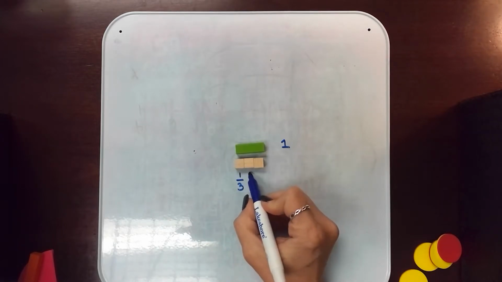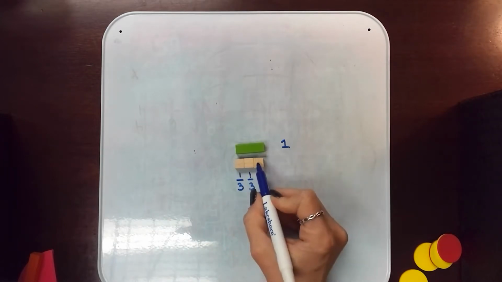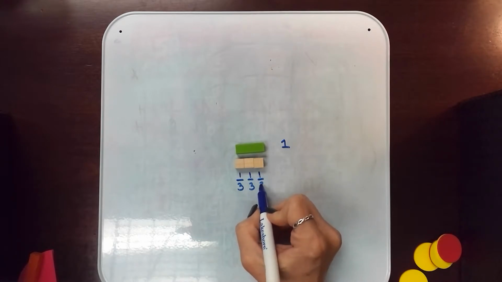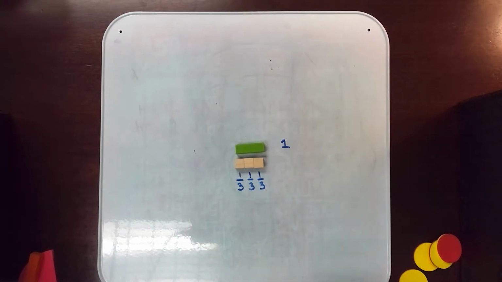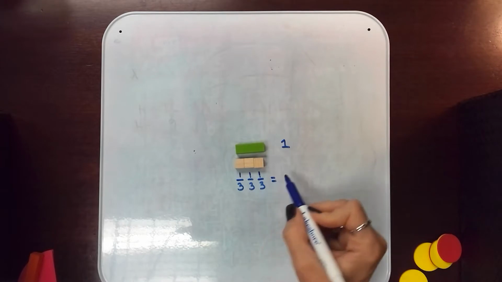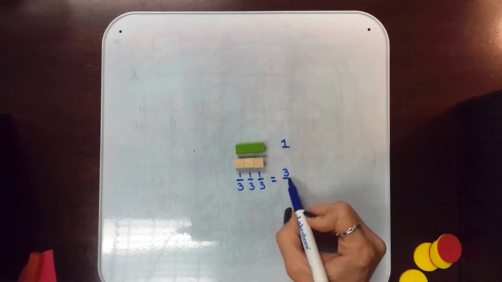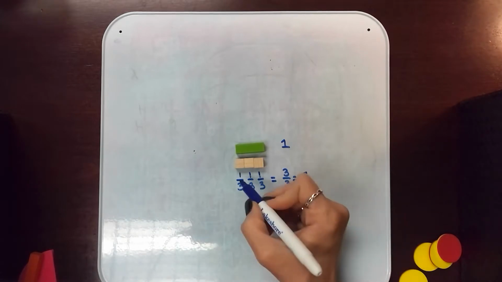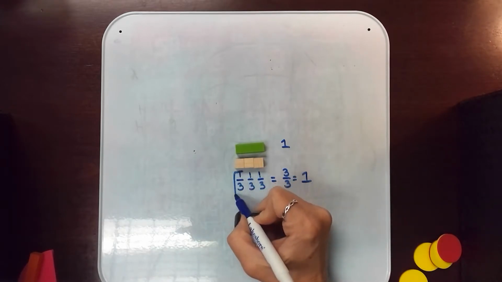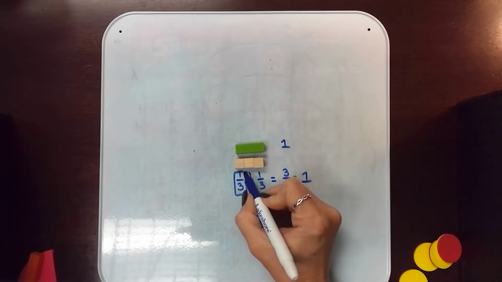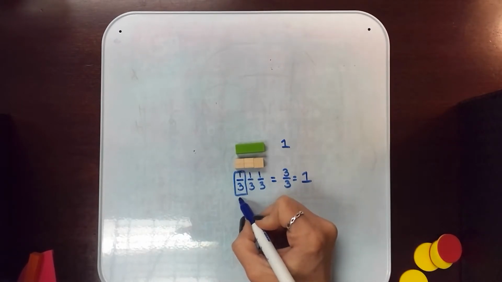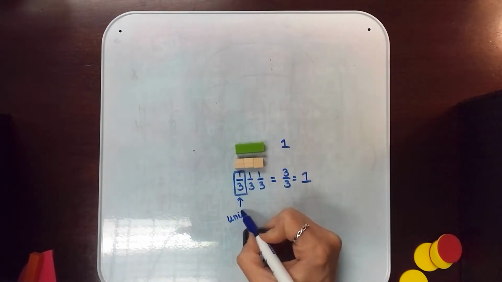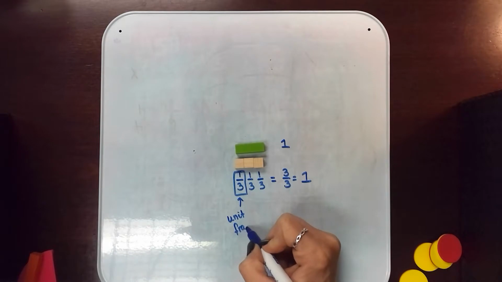What would this fraction be? 1/3. What would this fraction be? 1/3. So together, they all equal 3/3, which is equal to 1 whole, right? When we have one part over the denominator, that is called our unit fraction. Okay?